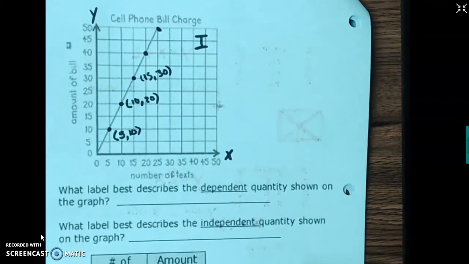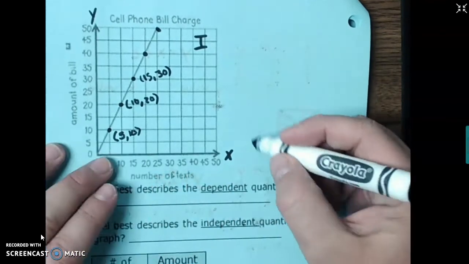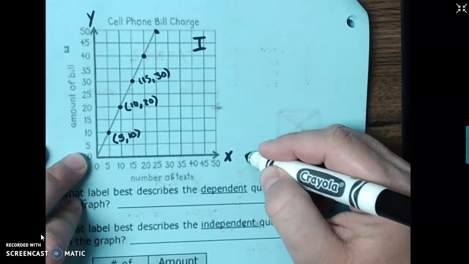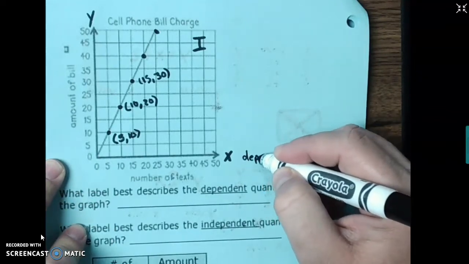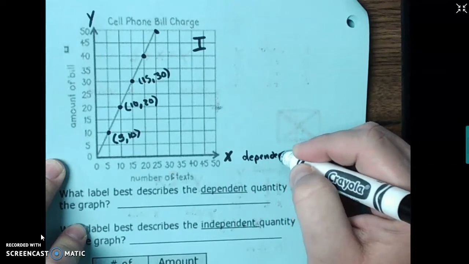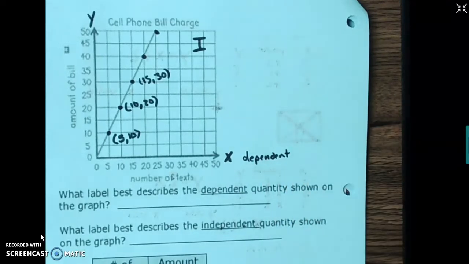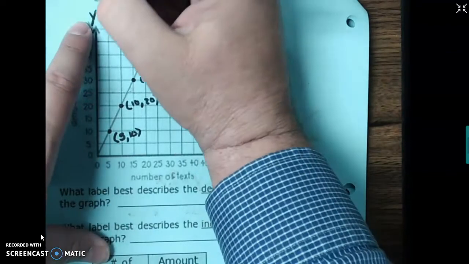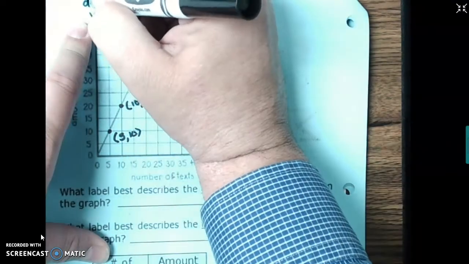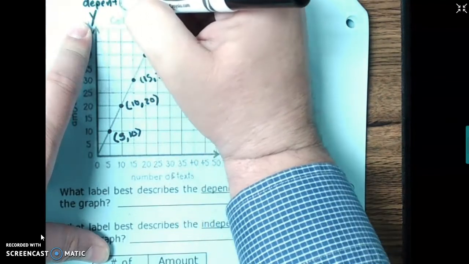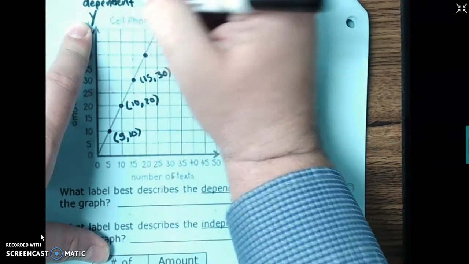What you need to know is that my x values are called my dependent quantities or dependent values. If you have trouble, hang on real quick, let's back up. My x values are my independent values, and my y values are my dependent values.